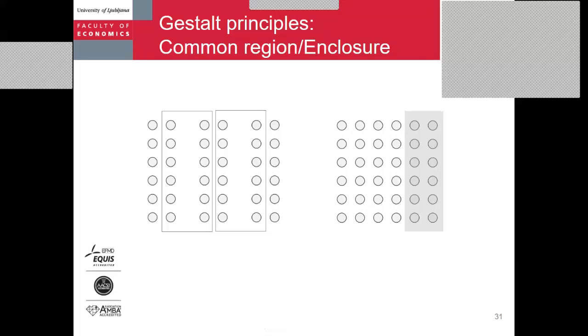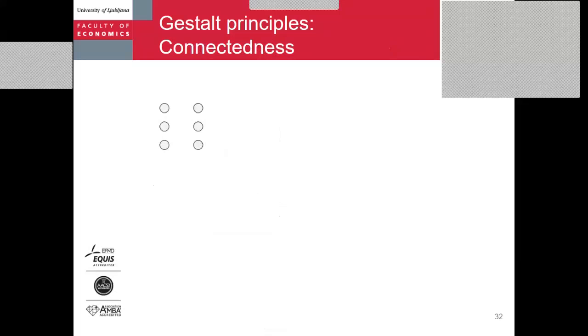Okay. Now this, what do you see here? Okay, 2 columns. Yes, this is what we generally see, and it's based on proximity. Yes, thank you.